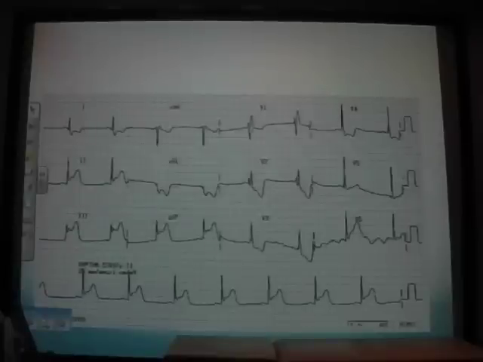Okay, so here's our next ECG to interpret.